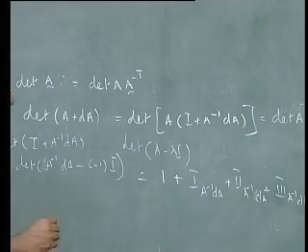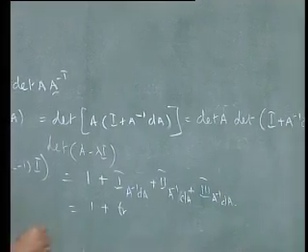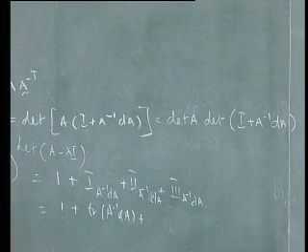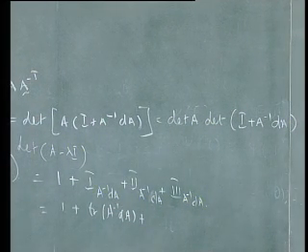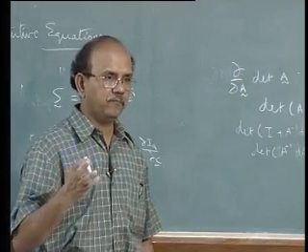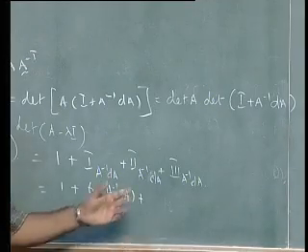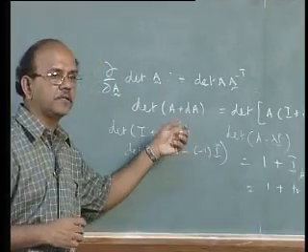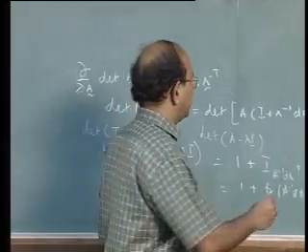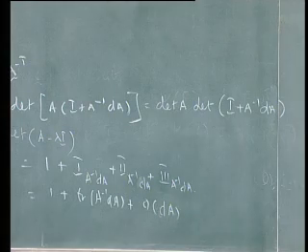Now, what is this? This is 1 plus trace of A inverse dA plus the second and third invariants, which have higher order terms of dA, squared terms of dA. Because this determinant is very close to dA, I am going to remove those and say that these are higher order in dA.